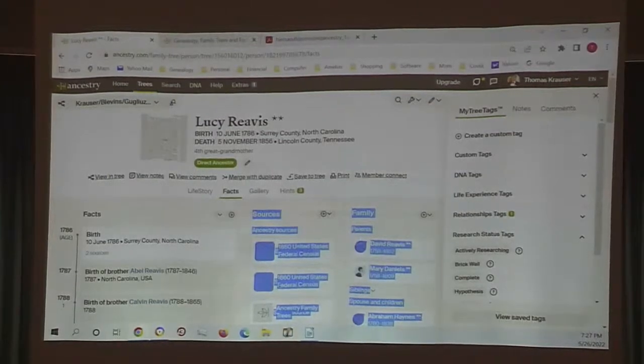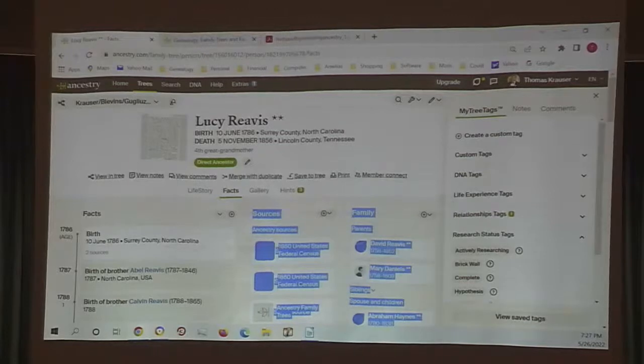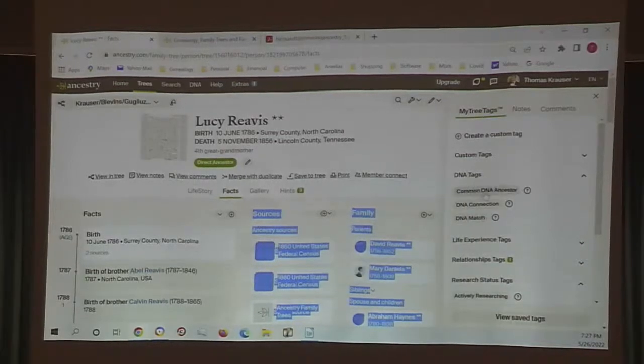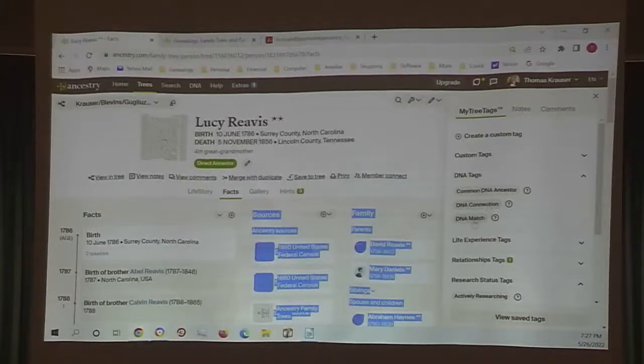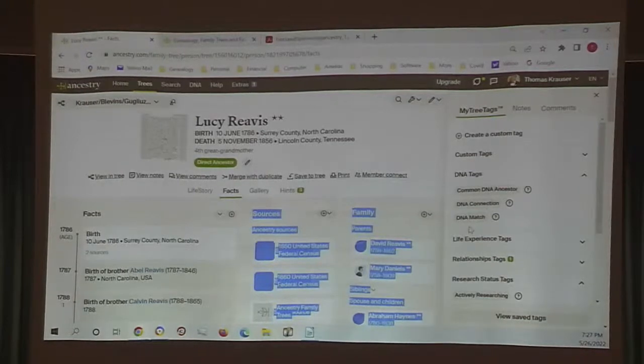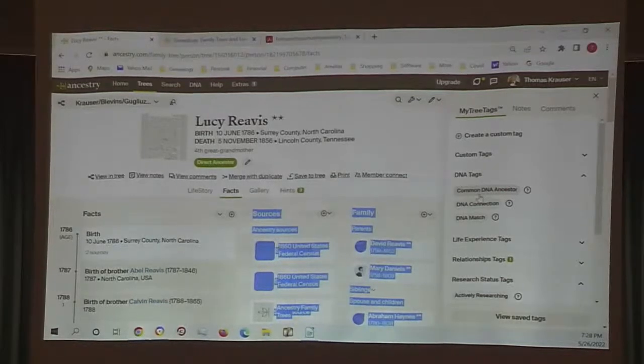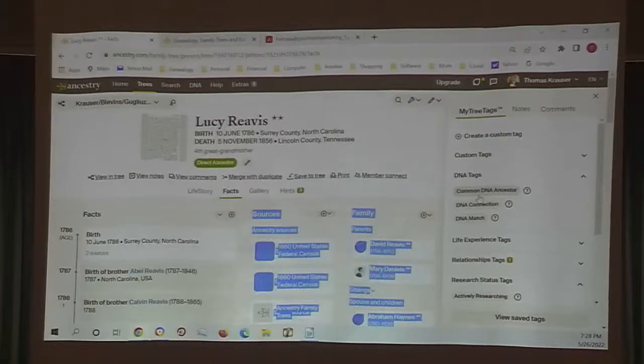So you can use some of the common, standard tags that are in there. The DNA tags. So they have a common DNA ancestor, a DNA connection, and a DNA match. If it's a common DNA ancestor, that's one that would also have the double asterisk, like a grandparent.